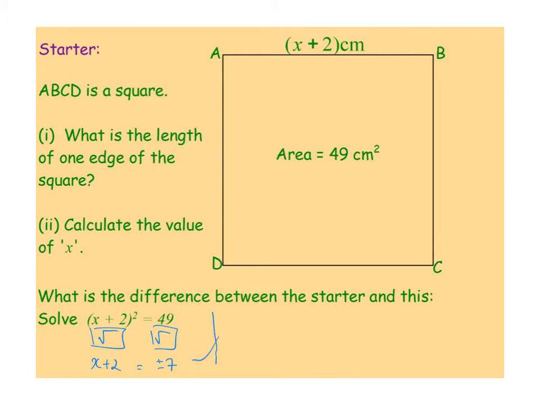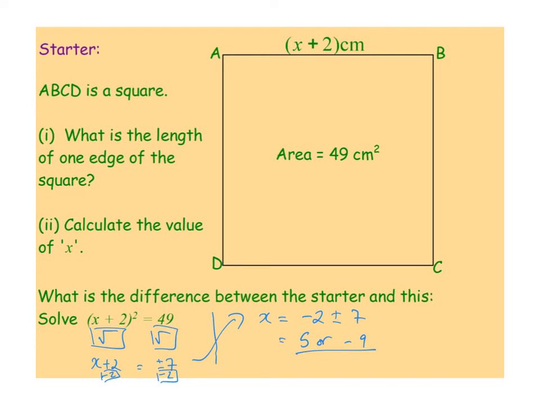And then if I carry this on, x is therefore, so I'm taking away 2 from both sides, I should say, subtracting 2, x is going to be negative 2, add or subtract 7, which means x is negative 2 add 7, which is 5, or negative 2 subtract 7, which is negative 9.